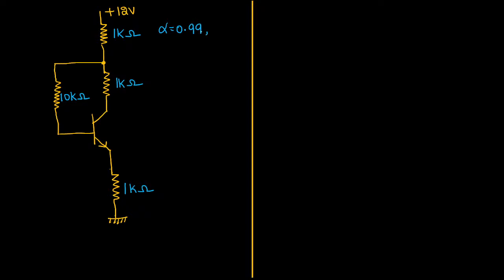We know this value is approximately 1 only, and the base to emitter voltage is given as 0.7 volt. The circuit is shown in the figure. The question is, the value of the collector current IC is dash.